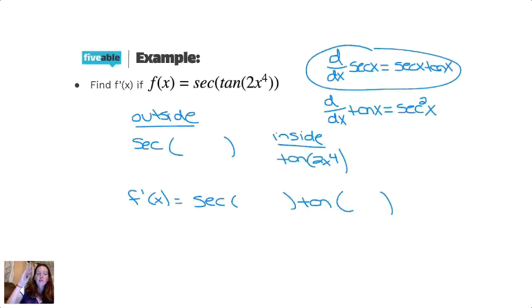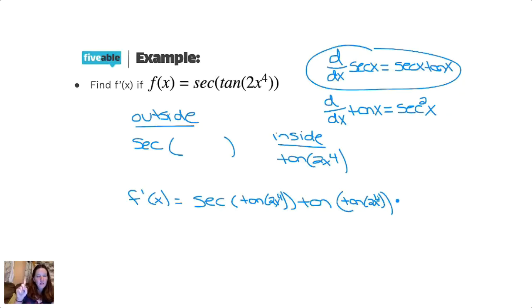So step one is derivative of the outside. Step two is copy the inside. So we're actually going to copy the inside twice. So you have secant of tangent of 2x to the fourth times tangent of 2x to the fourth.